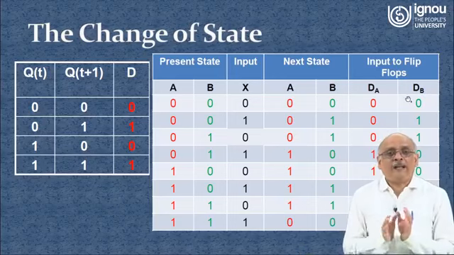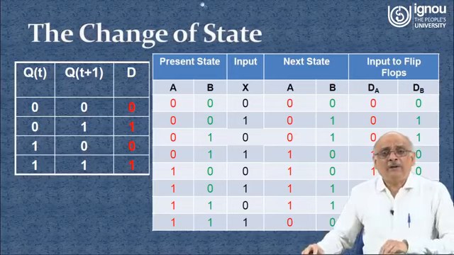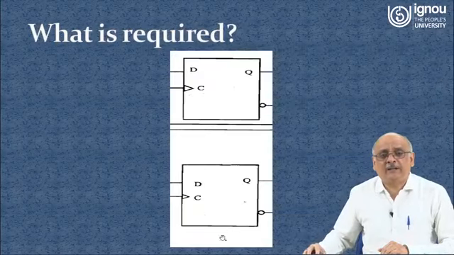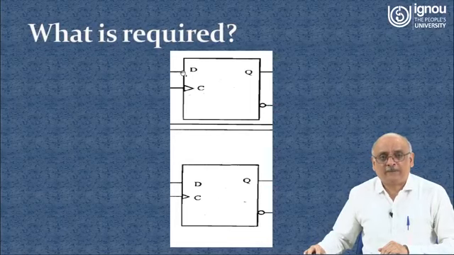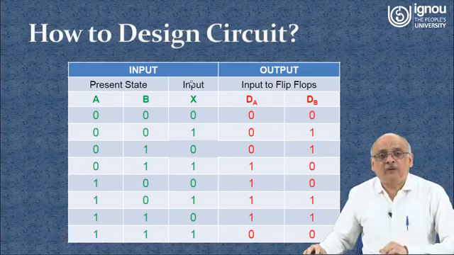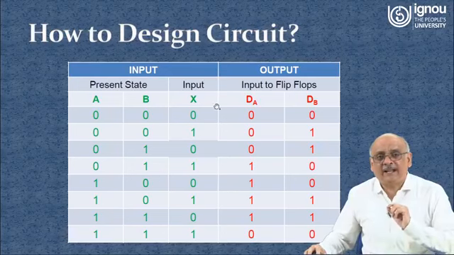So now what we have done, if I once again bring you this particular thing, what we have stated is that the D input will be dependent on, number one, the present state. So the D input, what we want is something like this.